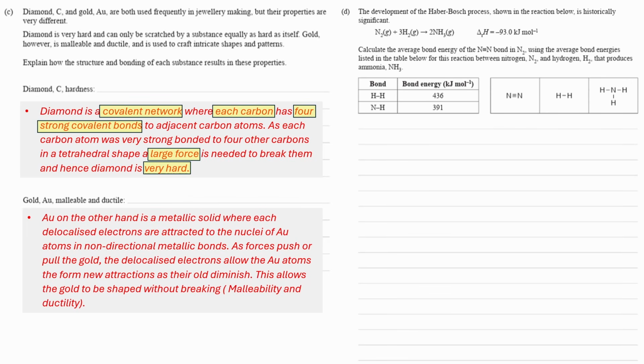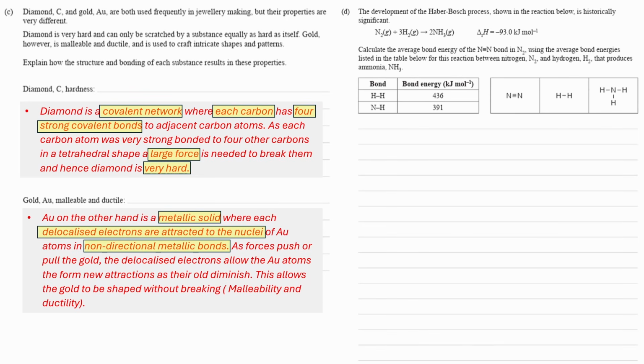On the other hand, gold is a metallic solid where the delocalized electrons are attracted to the nuclei of gold atoms in, this is really important, non-directional metallic bonds. Non-directional, really important to say that when we're going to explain malleability or ductility.